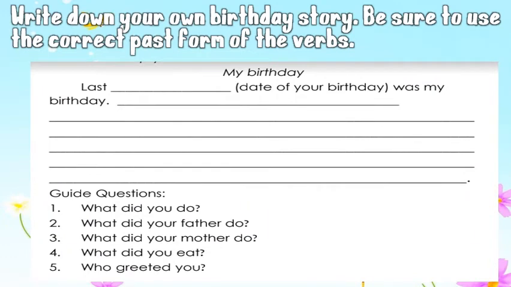For the next activity, write down your own birthday story. Be sure to use the correct past form of the verbs. You may use the guide questions to help you answer this activity.